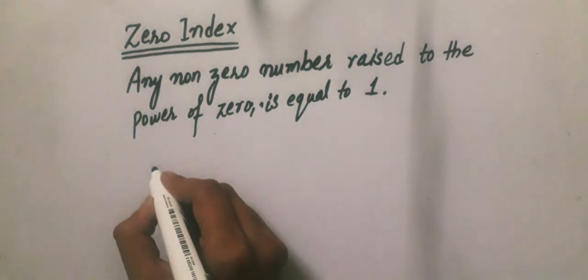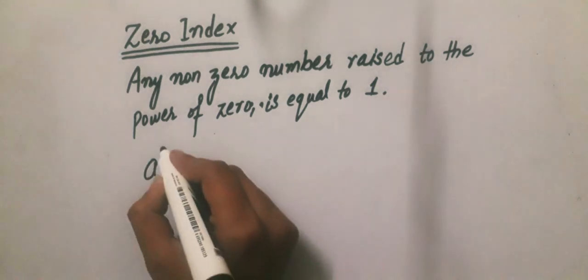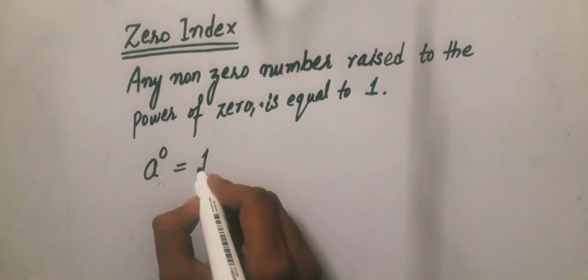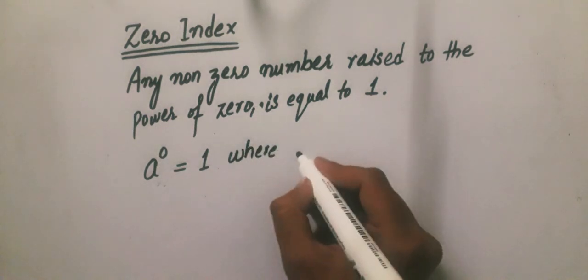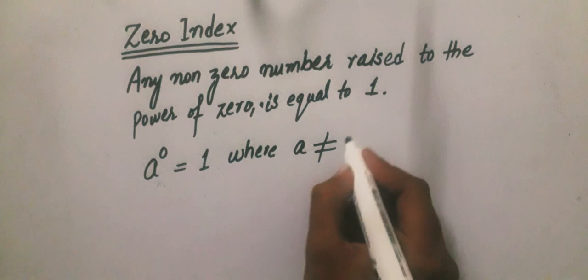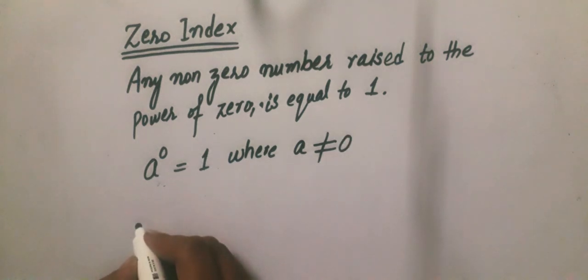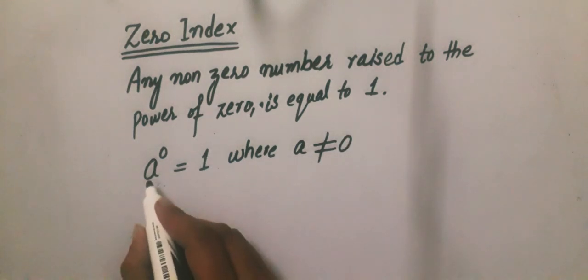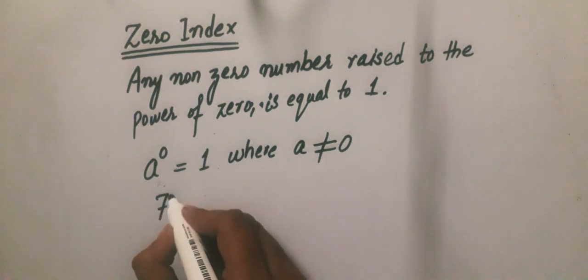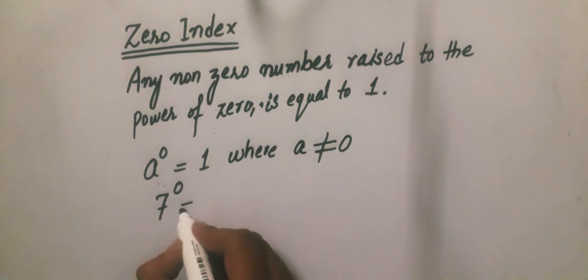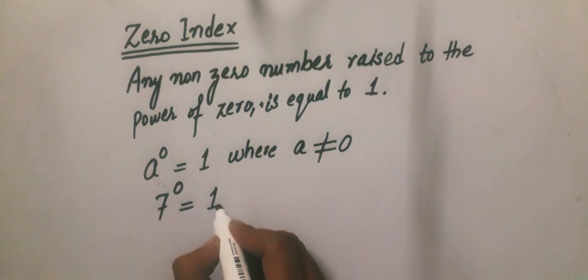General form of this is a raised to power 0 becomes 1, where condition is a is not equal to 0. We will apply zero index to this example. 7 raised to power 0 is equal to 1.